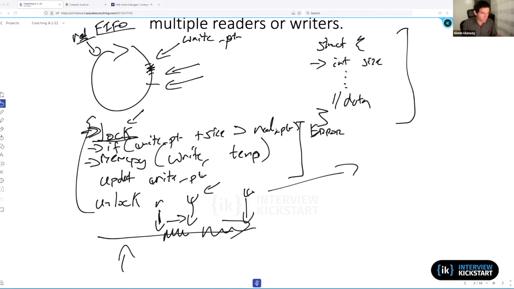It always needs to point at a valid location in memory, such that everything prior to it had valid data copied into it. So this write pointer needs to be a valid, reasonable value whenever the reader needs to access it.